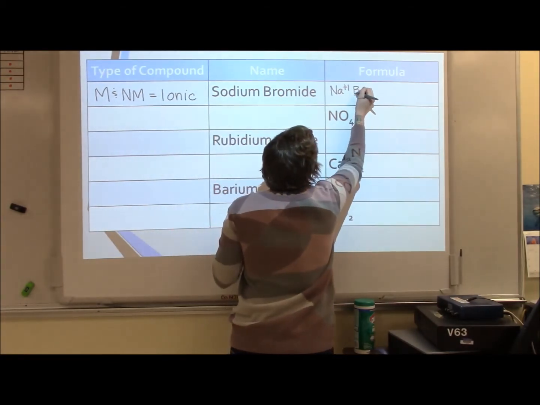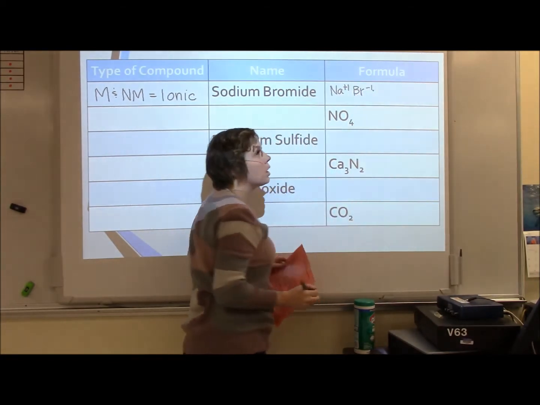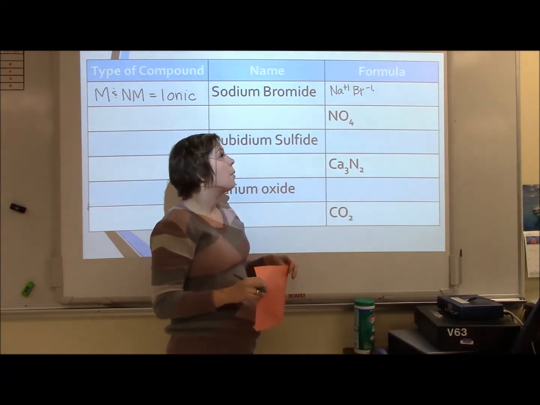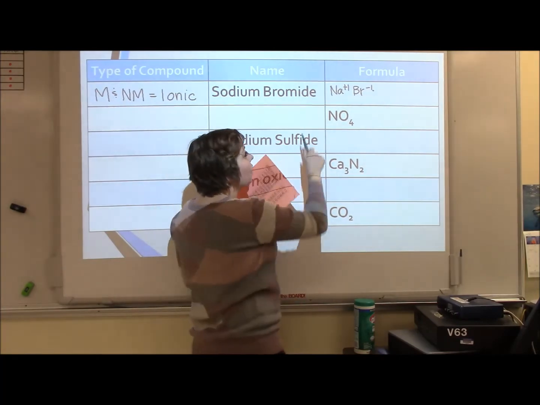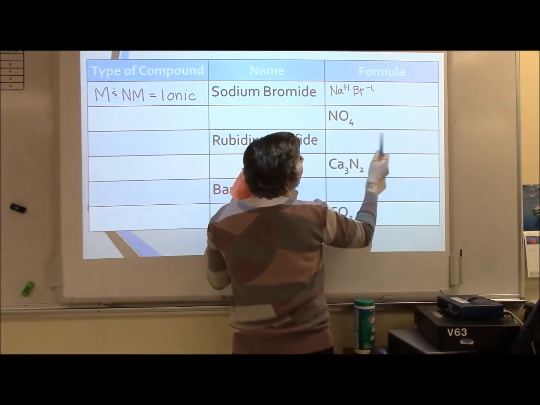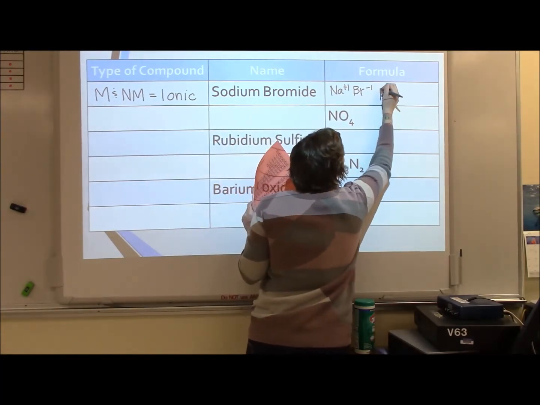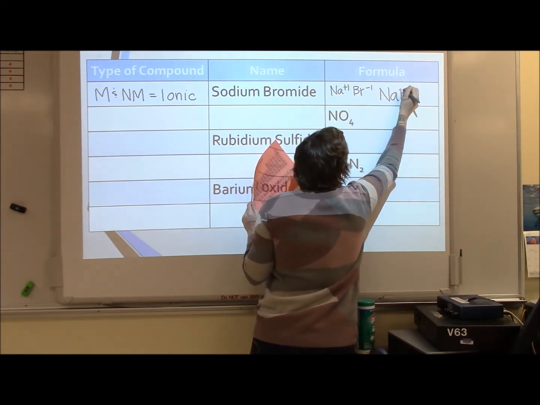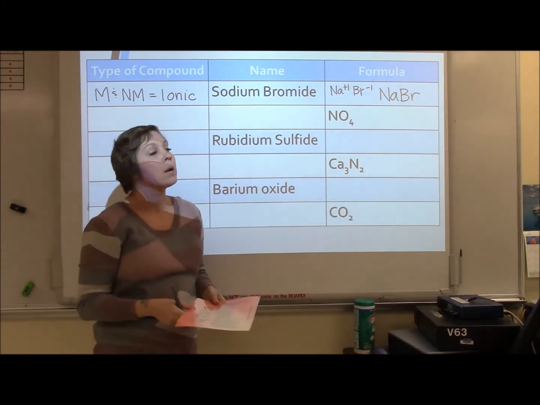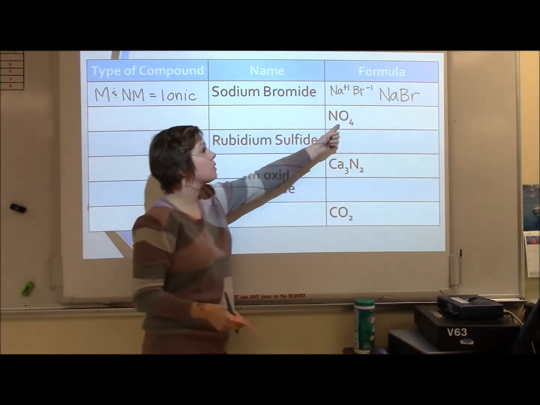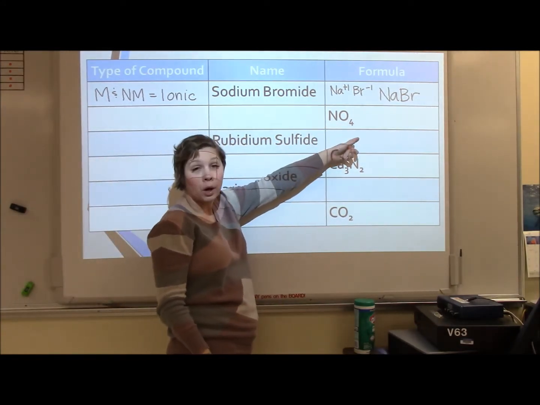So Br has a -1, okay? And then I need to get those charges to cancel out and be neutral. So if I have a +1 and -1, I just need one of both of those ions. So NaBr will be my formula. On the next example, I was given the formula of NO4.